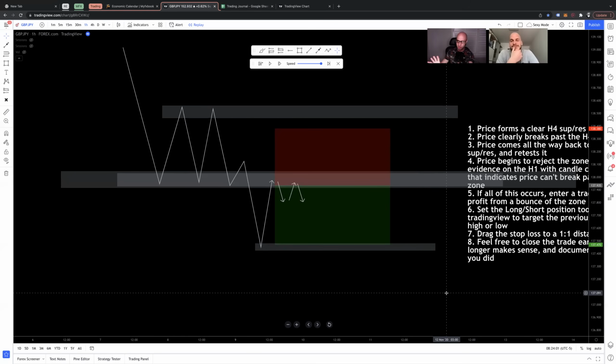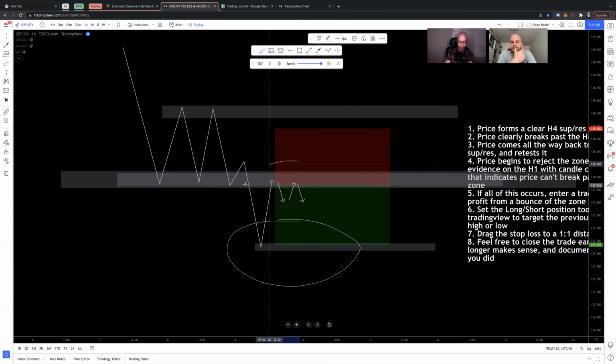If you just focus on saying, look, the 4 hour zones are all I'm going to be doing, when I go to the 1 hour chart, I'm not going to touch anything on the chart. I will just be looking with my hands off the keyboard and mouse to see if there's rejection. The only thing I'm allowed to do on the 1 hour chart is switch it back to the 4 hour chart. That way you don't mess anything up. And if you use that logic, what it means is that you'll just be focusing on the main zones and you won't have to worry about all the little subzones in between.